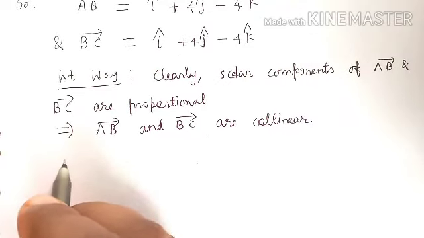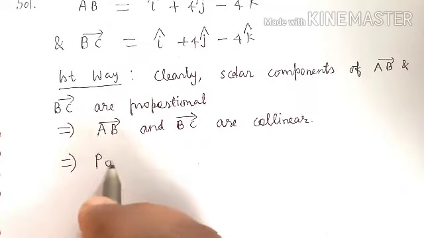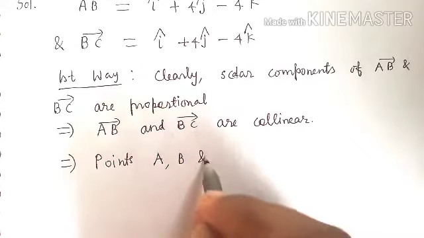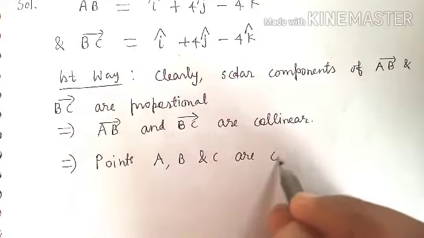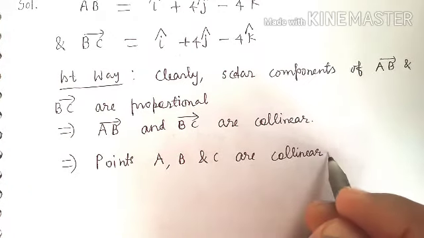So you can say points A, B and C are collinear.